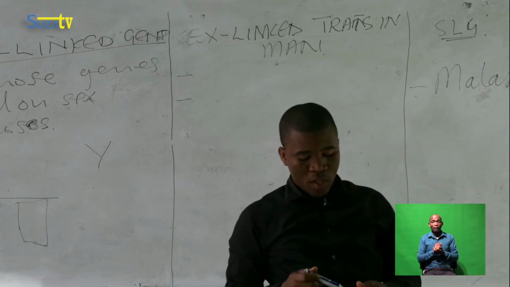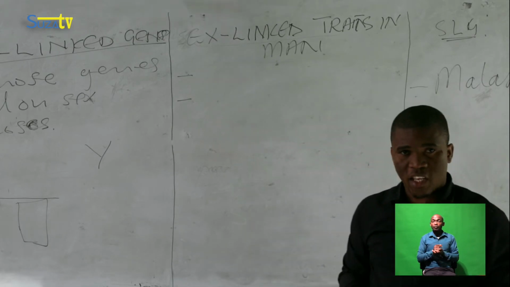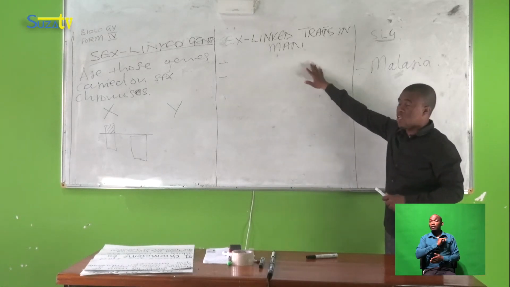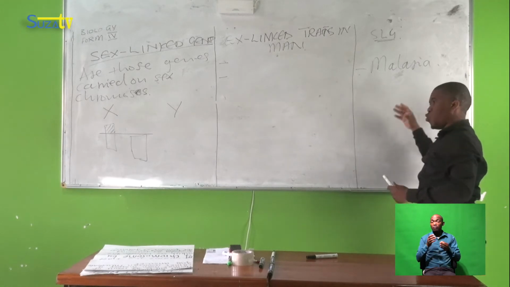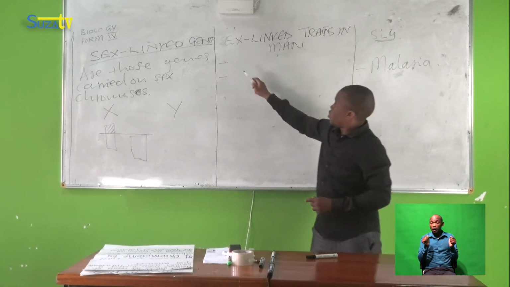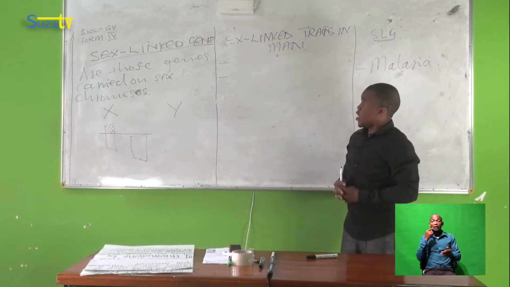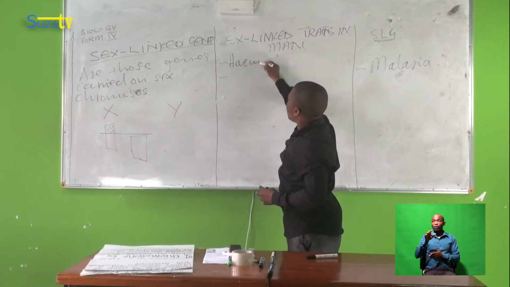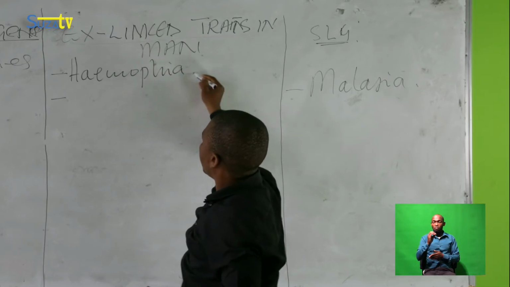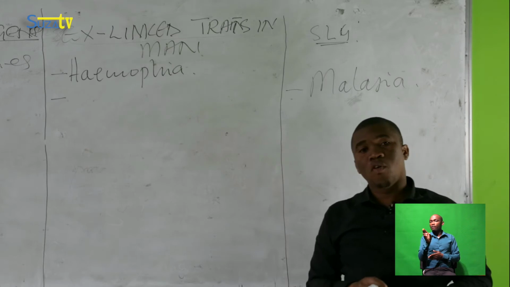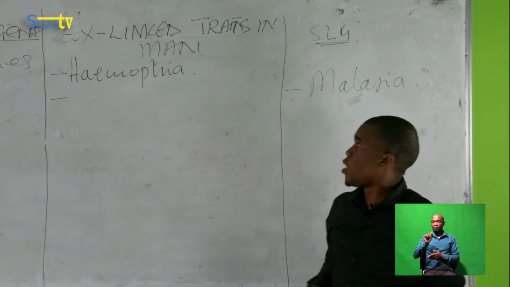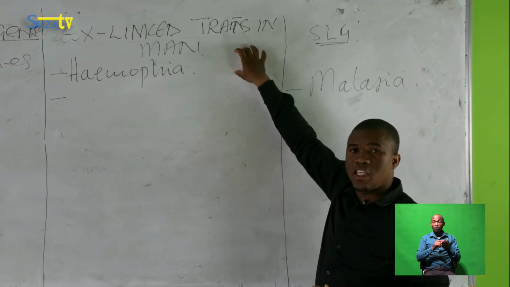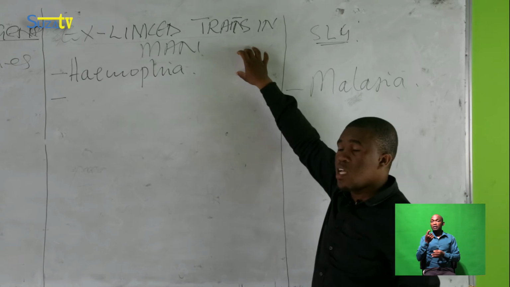Our fellow said an example of sex-linked traits in man is malaria. It is good, but the example of these traits is what we call hemophilia. Can you say hemophilia? Good. Hemophilia is a good example of sex-linked traits or characters.